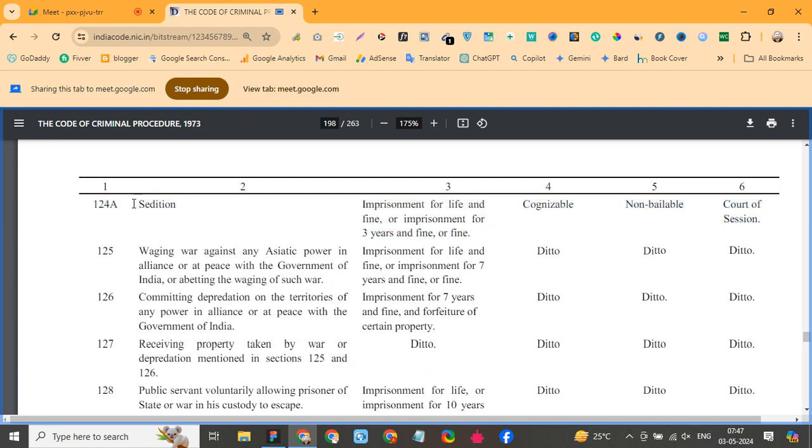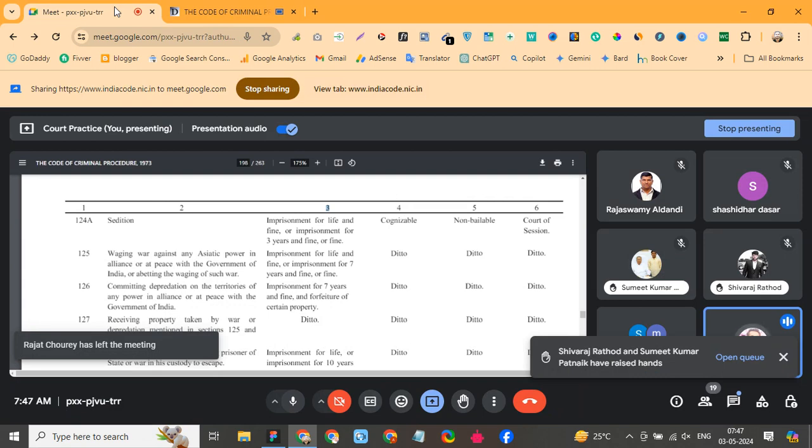It is regarding sedition, okay? Column number 2 gives the definition of the offense. Then the punishment for the sedition charge is imprisonment for life and fine, or imprisonment for 3 years and fine, or fine only. And it is cognizable in nature, which means an FIR should be registered. Police have a right to arrest any person without warrant and can start the investigation immediately without prior permission from the court.